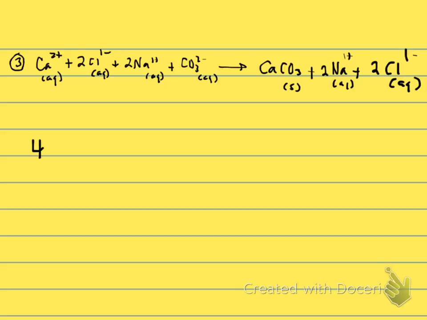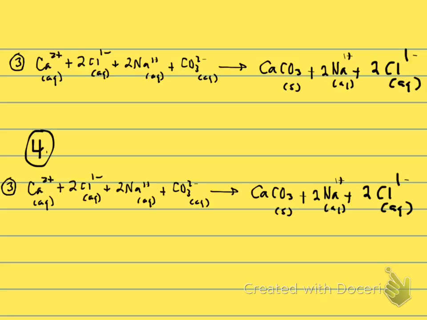The fourth step is to be brutally heartless. No, not really. But anybody who's just standing around not doing anything, we get rid of. So all those ions that are just watching the action, that don't actually do anything, those are our spectator ions.